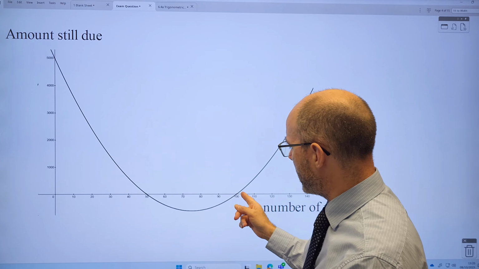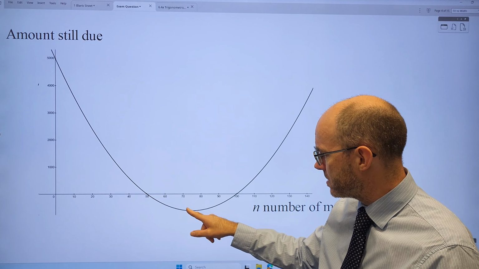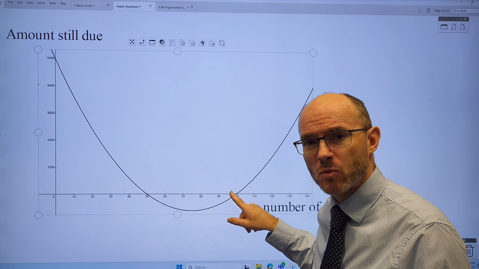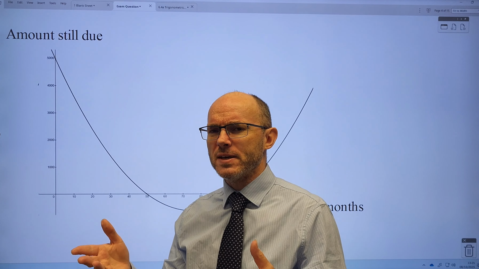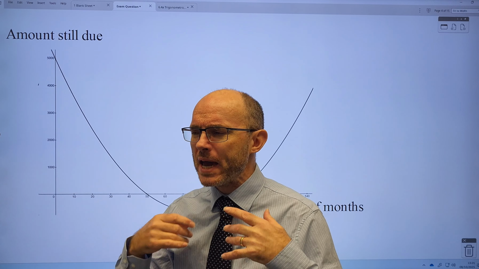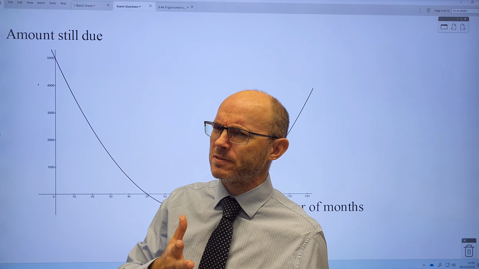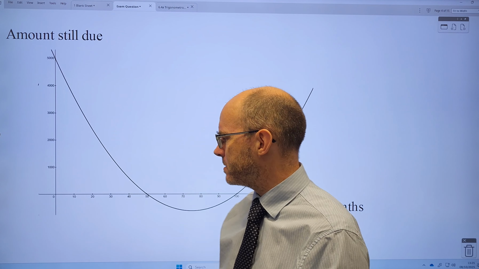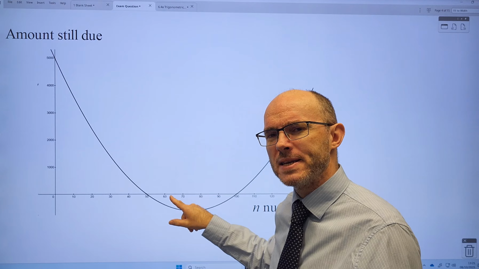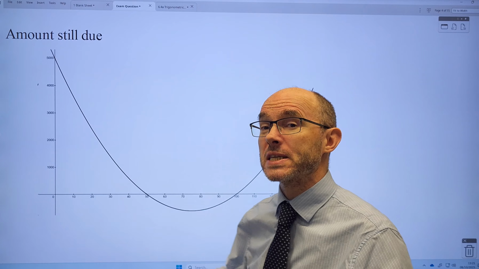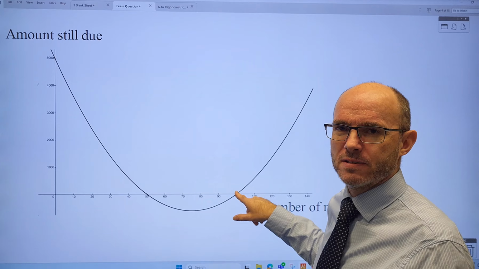So why is the number 100 featuring? It's because you've got a quadratic that goes below the axis and above again, and it crosses at 100 here. If you continue to repay this, Adriana's got to keep on paying money, but eventually she'll start paying negative money as well, which doesn't really make sense. She's going to continue to pay more than she needs, but then because she's paying negative money, almost as if someone's given it back to her, she'll actually get back to this 0.